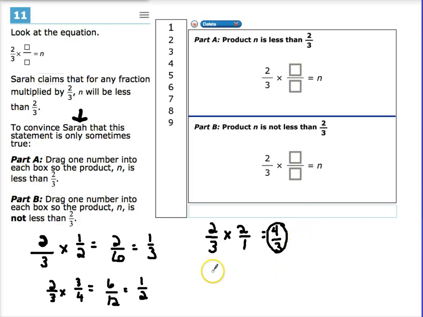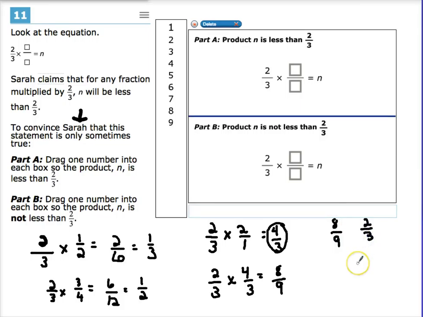So let me see what happens if I do 2/3 times 4/3. 4 times 2 is 8. 3 times 3 is 9. Well, let's compare 8/9. And some of you probably are already going, I know.